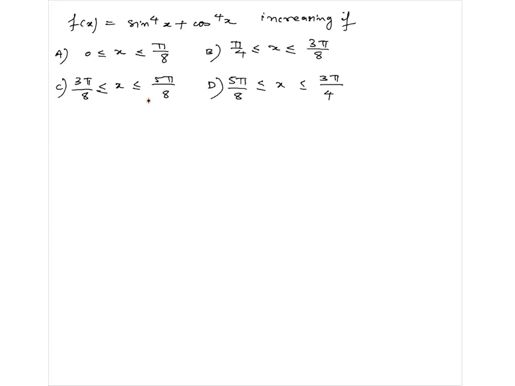Looks like there is some problem with that. Sin x is greater than or equal to cos x. First of all, this is a trigonometric function. It will be differentiable. So, can you tell me what you are getting for f dash x?